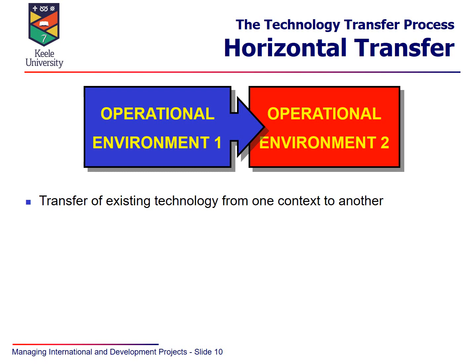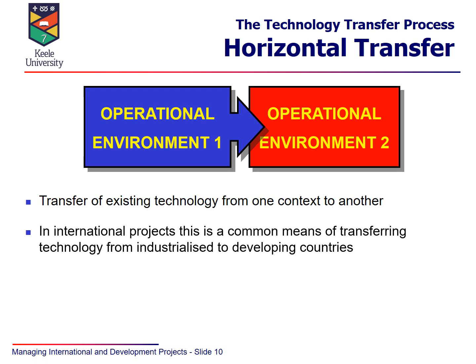Other examples might be setting up power plants using World Bank development aid money, or a company that's offshoring, lifting up its factory from a home location and placing it overseas for overseas production. So in international projects, it's a common means of transferring technology from industrialized to developing countries.